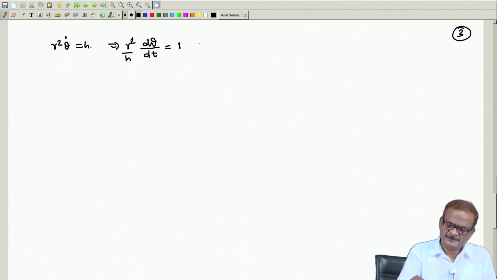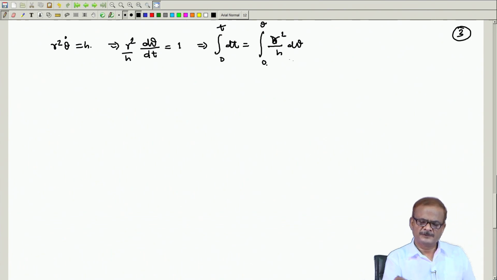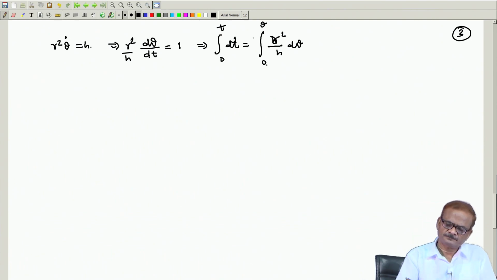This can be written like this, and this implies dt equal to r square divided by h d theta, and this we integrated from 0 to t, and this side from 0 to theta, or maybe theta 0 to theta, both the integration limits you can put.